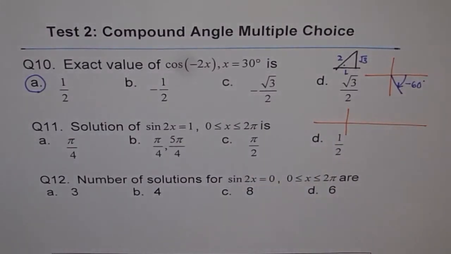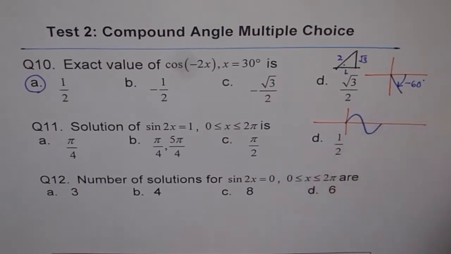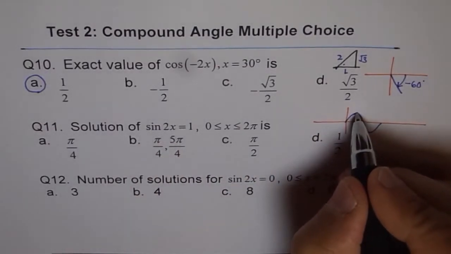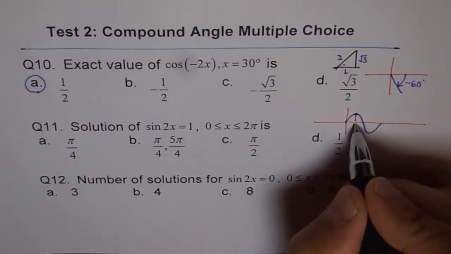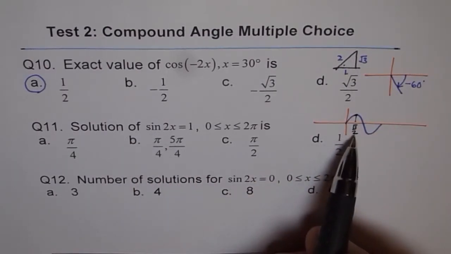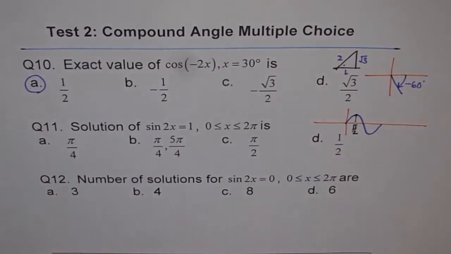Let me sketch one sine wave for you. I'm trying to tell you where you could make a mistake. Since 2x is pi by 2, x should be pi by 2 divided by 2. So you may write pi by 4 as one of your answers, correct?